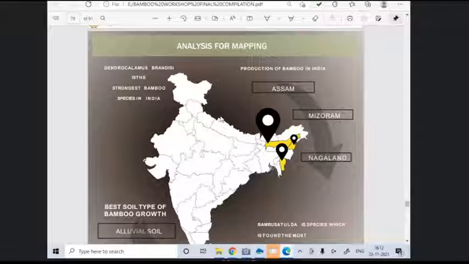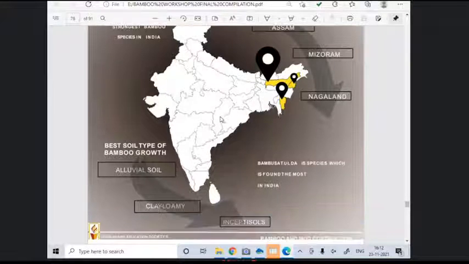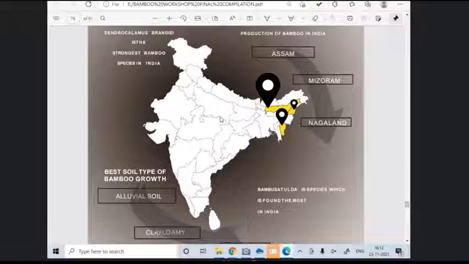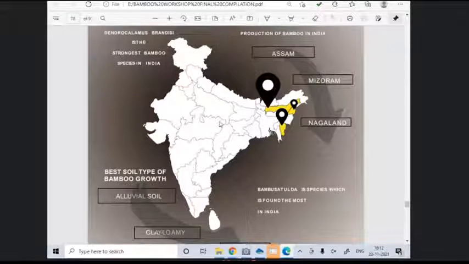Assam, Mizoram and Nagaland are the states which have 47 to 48% of bamboo plantation out of the total 100% of tree plantation in that state. Also, the best soil for bamboo plantation is alluvial, clay loamy and ancient soil. And Tetraphyllum grammaceae is also the strongest species found in India, and it is mostly used in mining and construction.